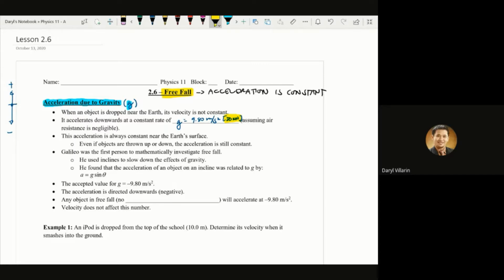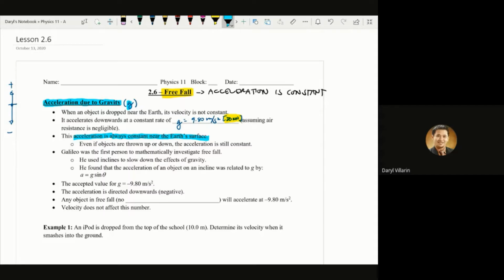So this acceleration is constant near the Earth's surface. That is one of the assumptions: we're talking about just near the Earth's surface. Even if objects are thrown up or down, the acceleration is still constant.